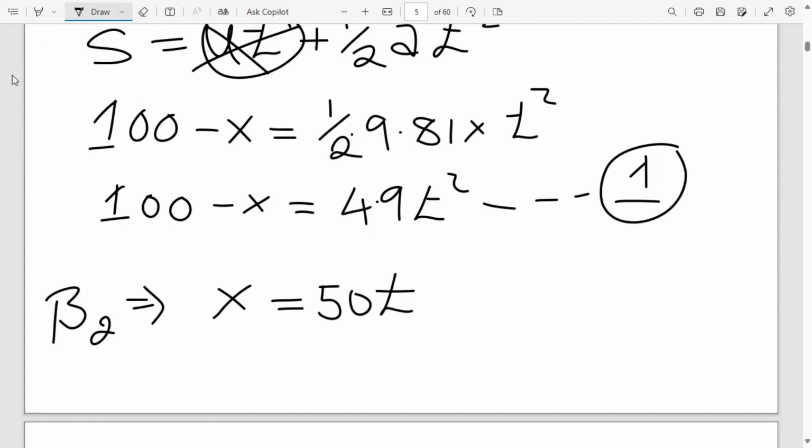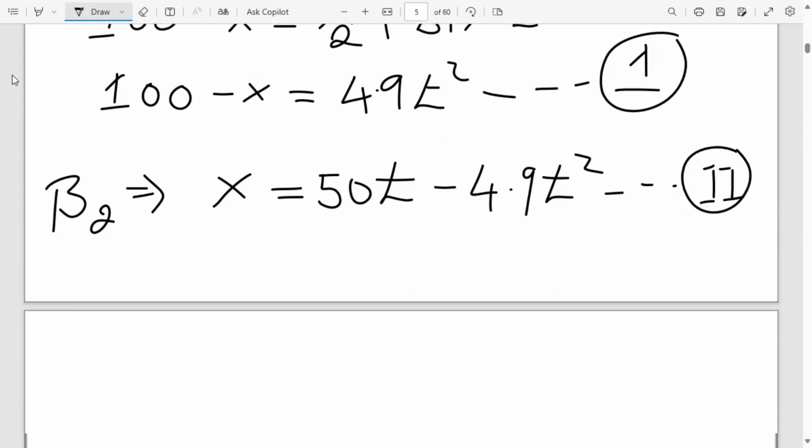Then since the acceleration is negative, we say minus half multiplied by 9.81, so minus 4.9 t squared. I guess this equation should be like this. We can label this as our equation 2.